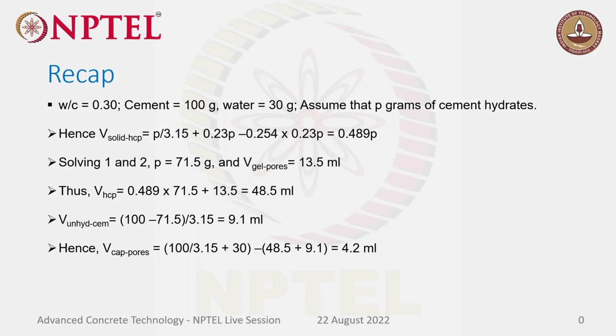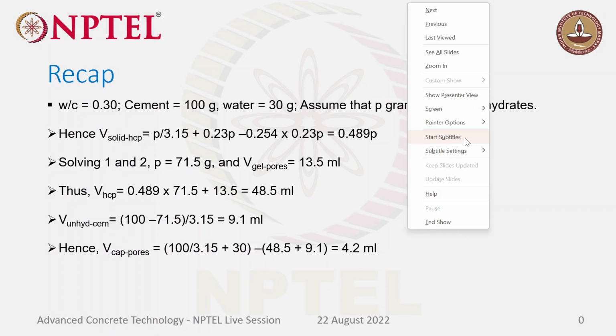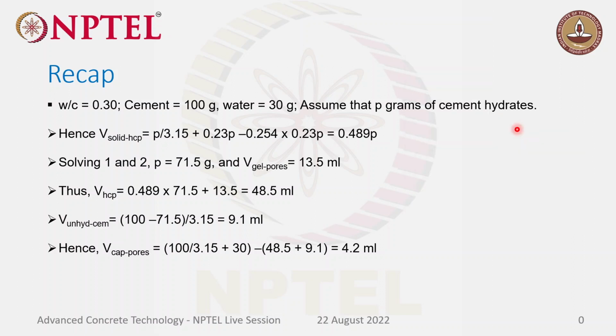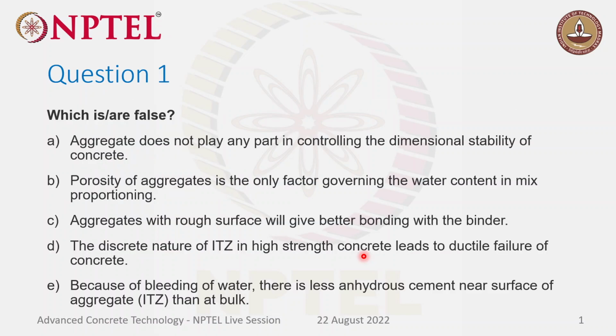This total hydration products includes both the solid hydration products as well as the gel water, gel pores, and from that we are also including the volume of unhydrated cement. So that is nothing but 4.2 ml that will be present as capillary pores.